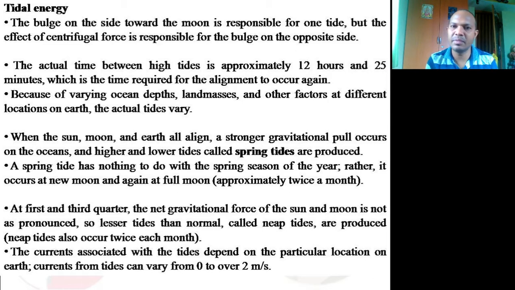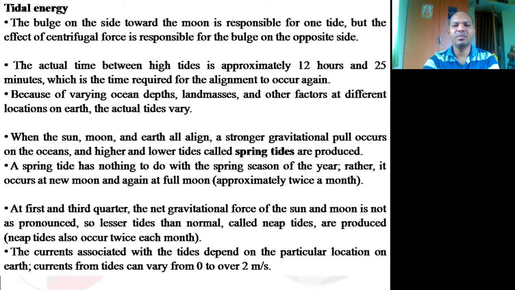That is why you might have experienced, during the new moon or full moon time, that the intensity of the tides in coastal places is more severe compared to other days. It is only because the gravitational force of attraction between the moon and the earth is predominant.